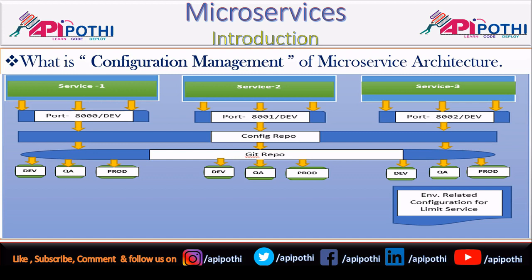There is no manual or automated deployment required. You just have to hit some services: your application URL slash bus slash refresh, and another service also supported, your application URL slash actuator slash bus-refresh.